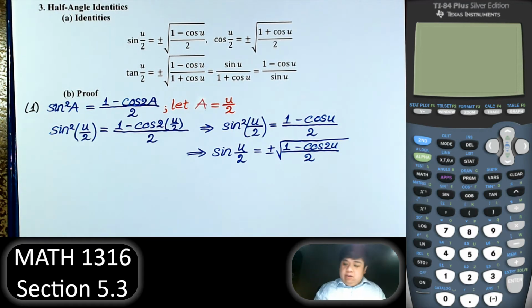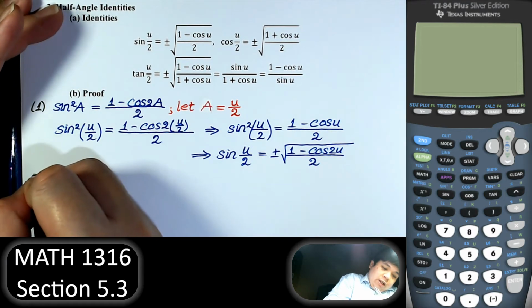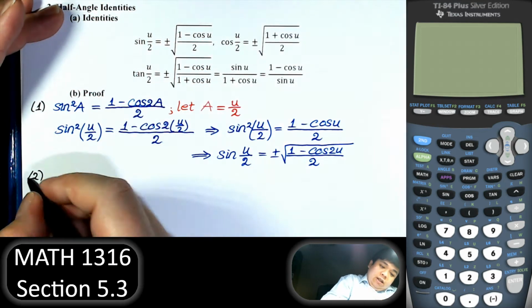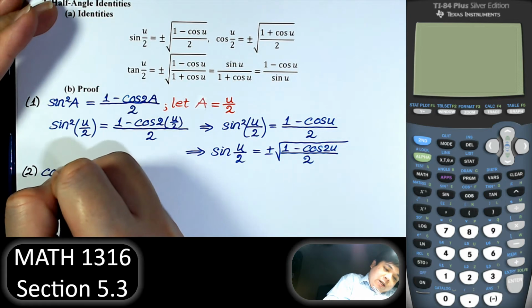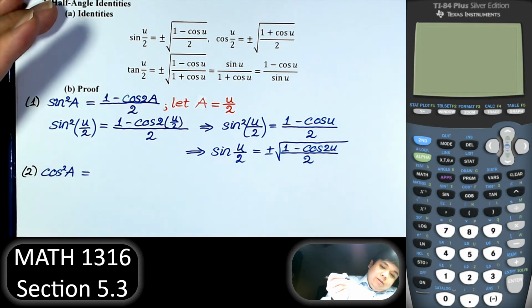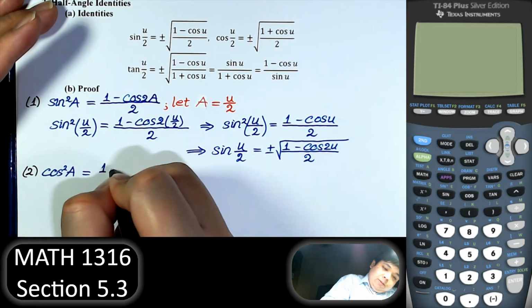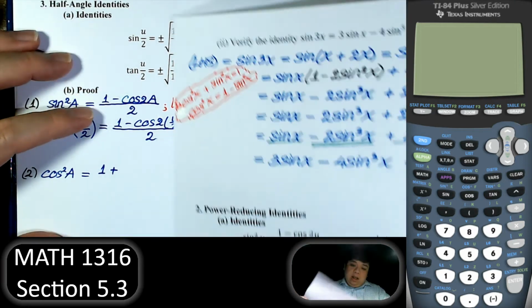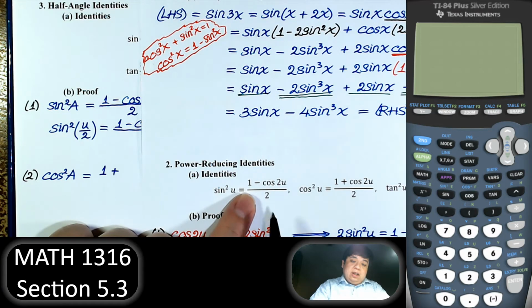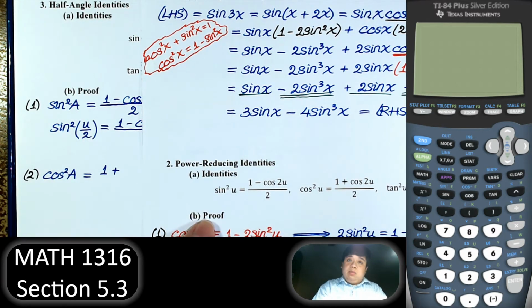That's simple enough. Second, I will do the same thing. If we have cosine squared, then power reducing is going to be a plus. So sine is a minus, cosine is a plus.